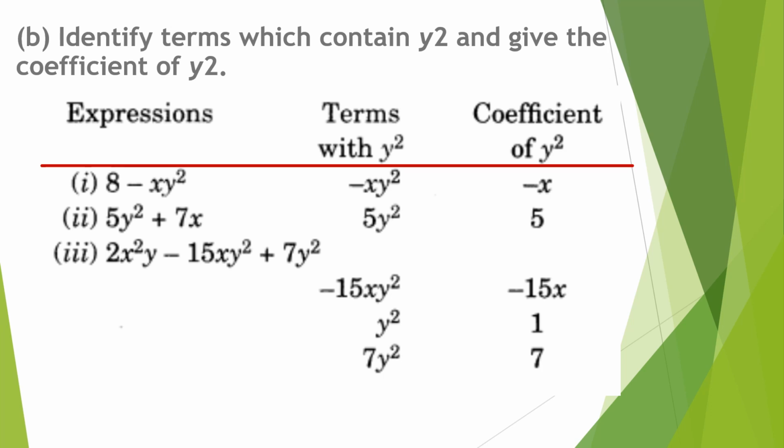Here we can write terms with y square. So we have two terms only. Minus 15xy square, its coefficient will be minus 15x. And the second term is 7y square and its coefficient is 7.